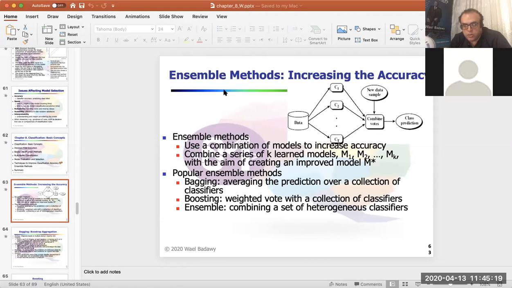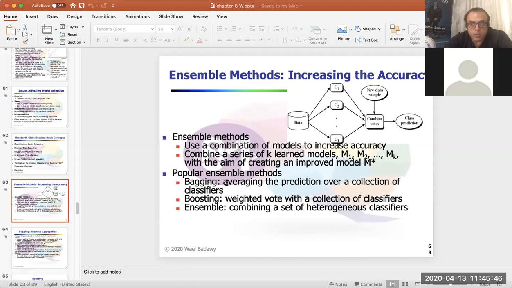I can use matching criteria. If I have two different learning models, and they produce two different structures, then I pass information, and the information gets classified by both models, and then I can improve the model. So ensemble techniques use a combination of models to increase the accuracy. I can combine different learning models, and this will create improved models.